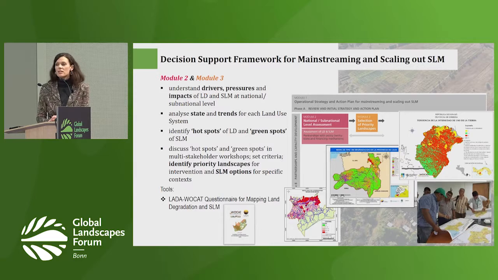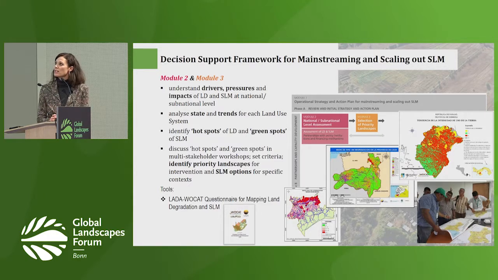So module 1 is really the national and subnational assessment. You can see here different maps that have been produced, to help us understand the drivers, the pressures, and the impacts of land degradation and sustainable land management, and to analyze the state of the land use systems as well as the trends for each land use system. That helps us to identify what we always call the hot spots as well as the green spots of SLM.